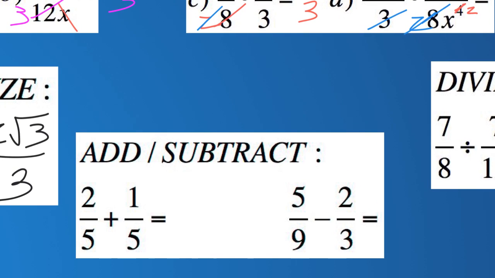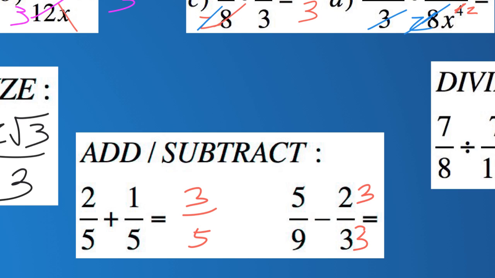Adding and subtracting fractions, hopefully that is pretty good for you, but you have a common denominator here, of course, for this first example, so 5 and 5, so that's nice. So 2 plus 1 is just 3 over 5, and you're done there. Whereas for the second example, you don't have a common denominator, but you can multiply both the denominator and numerator by 3 here and by 3 up there in order to make that 9.